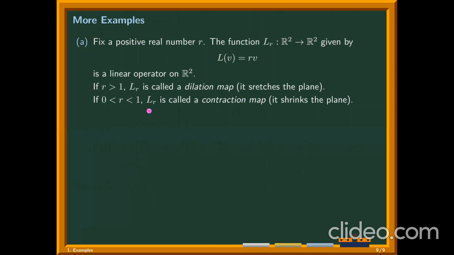Otherwise, if R is between 0 and 1, L shrinks the plane, and we call it a contraction map. Of course, if R equals 1, then L does not change the plane. So it's what we call the identity operator. L of V equals V.